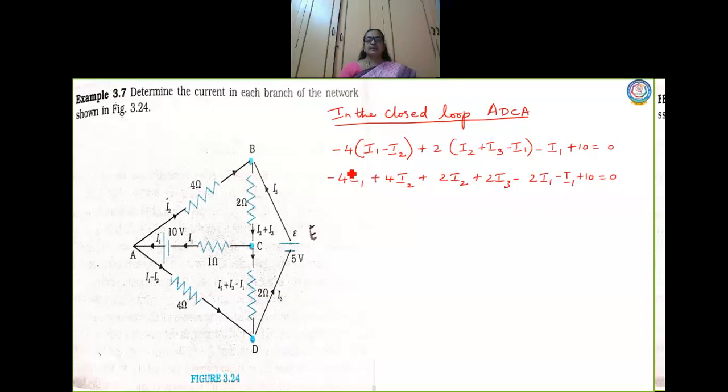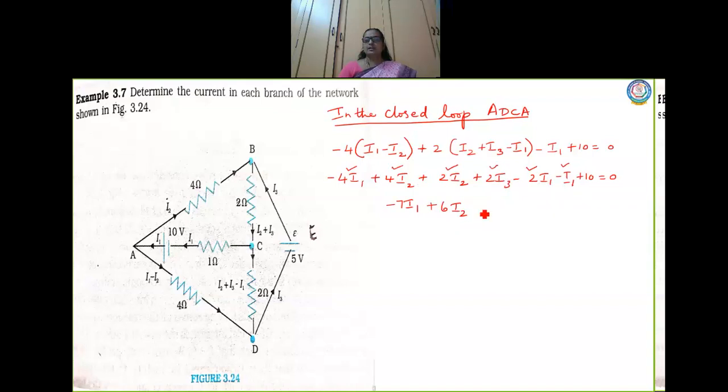Here it is minus 4 I1, here minus 2 I1, here minus I1. So minus 4, minus 2, minus 1, you have minus 7 I1. Next, I2 terms: 4 I2, 2 I2. You don't have any other term. So 4 plus 2 is 6 I2, children.